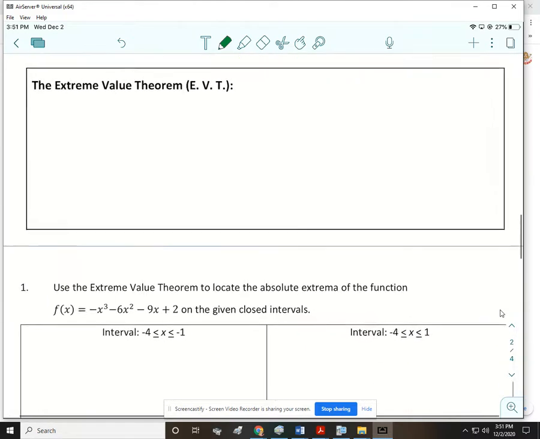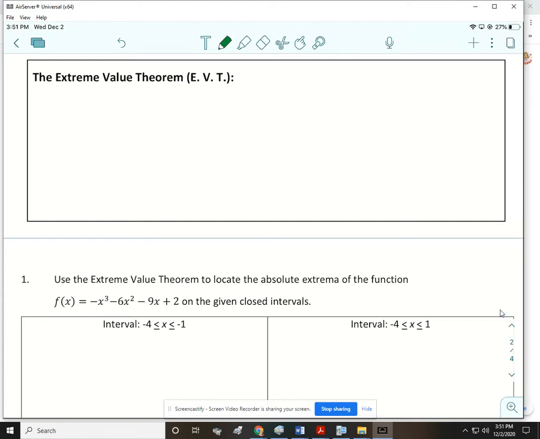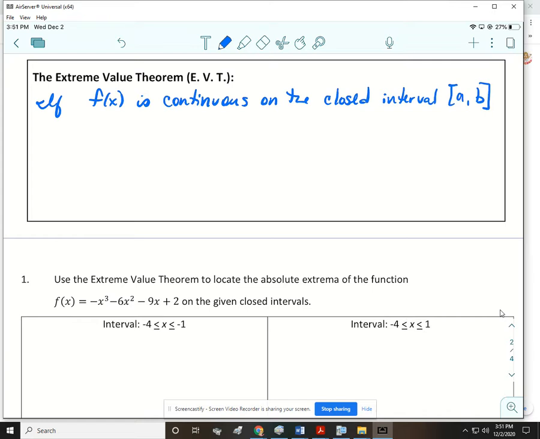So let's talk about the extreme value theorem, or the EVT. So the extreme value theorem states that if f of x is continuous on the closed interval from A to B. So that means you can't have a vertical asymptote at the A or B, you can't have a hole in the graph at A and B, and it has to be continuous all the way through the interval.